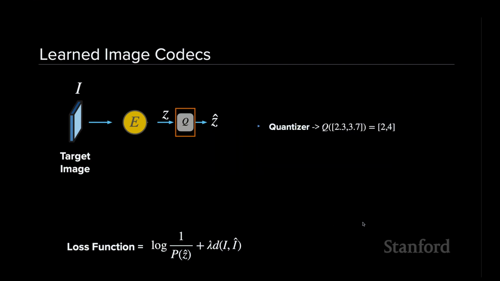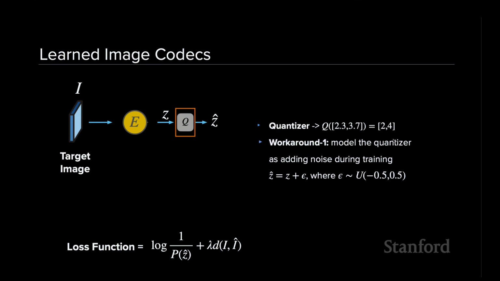And so there are some simple workarounds. Let's look at both of them. For the quantizer, let's say our quantizer is just simple rounding for now. So that's like a scalar quantizer. I just rounded to the nearest integer. So the way people work on it is, during training, you model the quantizer as if you are adding some independent noise, which is uniform in minus 0.5 to 0.5. Basically your 2.3 is going to 2, 3.7 is going to 4.